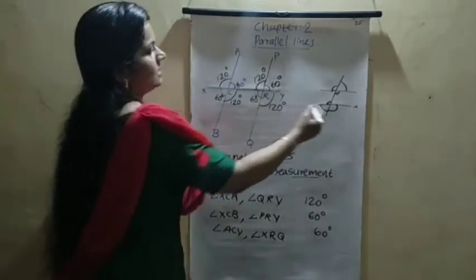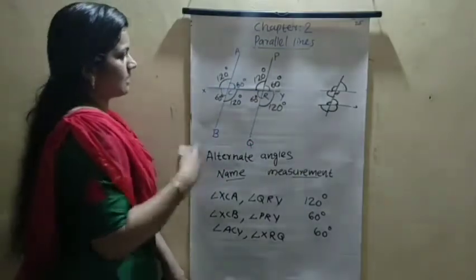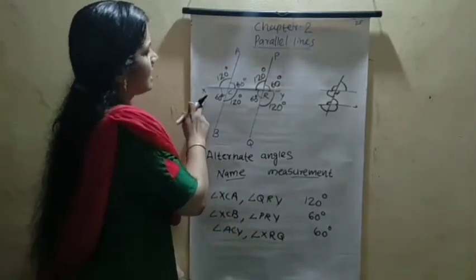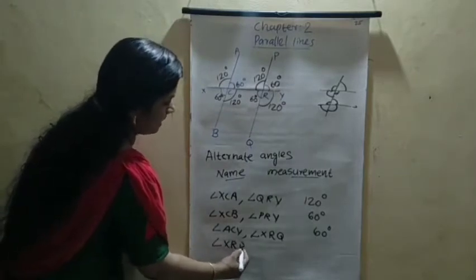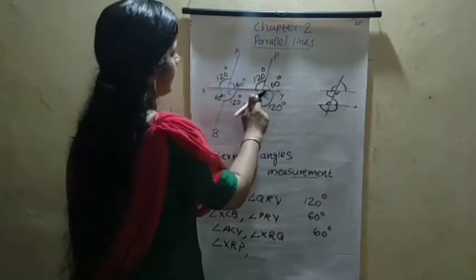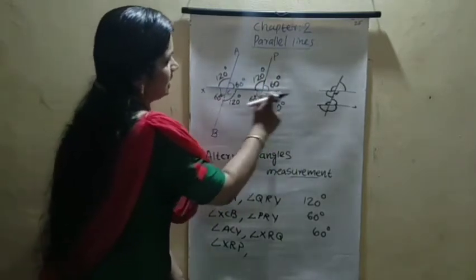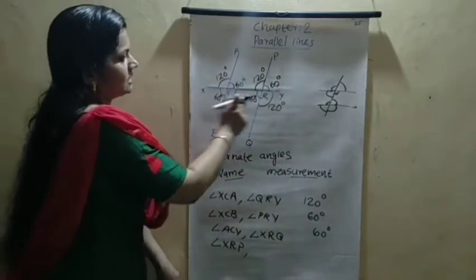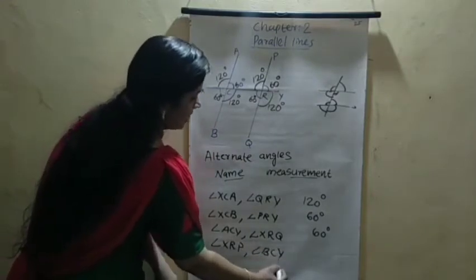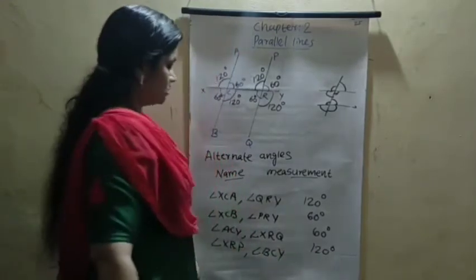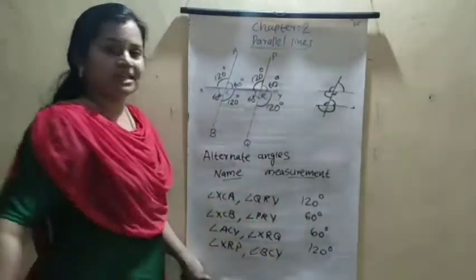Next, 120 degrees, these two angles are another alternate pair. So we can write angle XRP and angle BCY. Angle BCY is 120 degrees. So we can make the four pairs of alternate angles with the measurements.